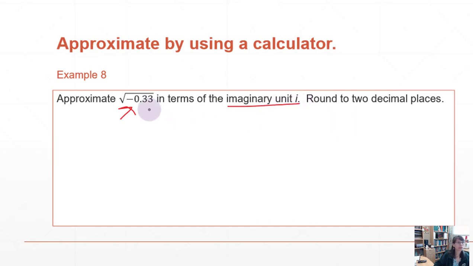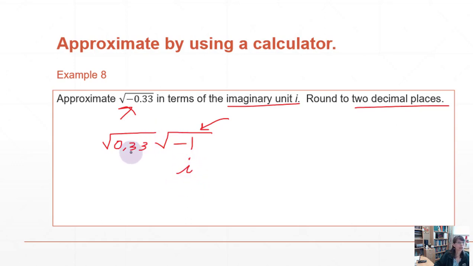And then once we get the decimal approximation, we'll consider rounding to 2 decimal places. So first I want to break this radical into square root of positive 0.33 multiplied by square root of negative 1. So right here we can see that our imaginary unit i will come into play here.